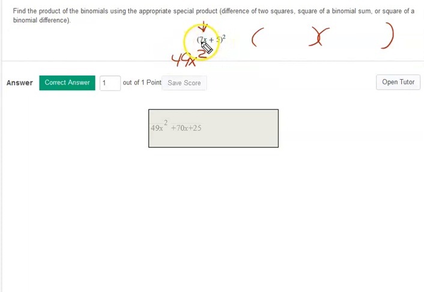That's 35x. Double it. That would be 70x. Now, square this other term here. This is a +25. And this person had it correct.